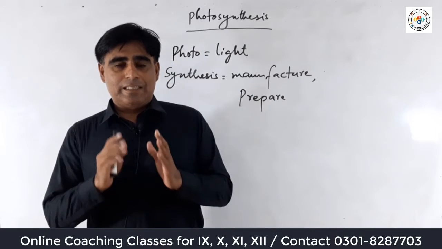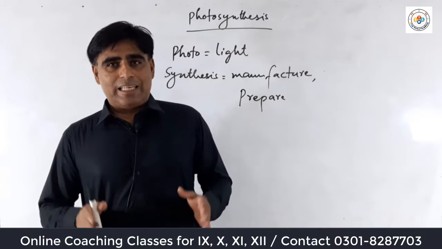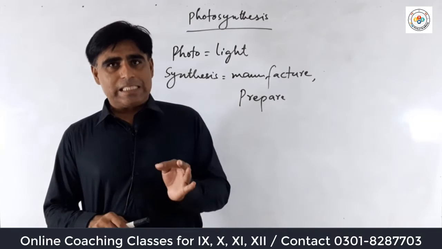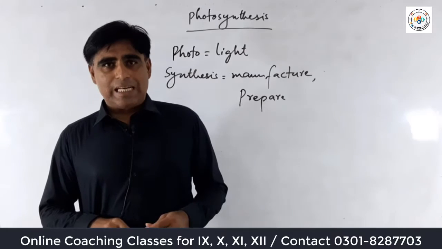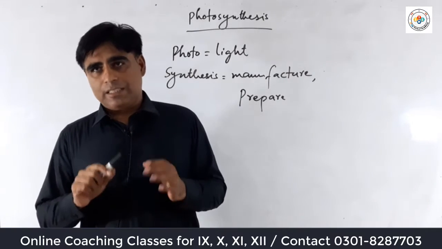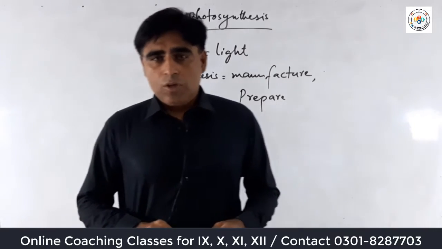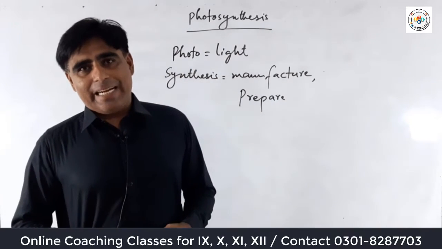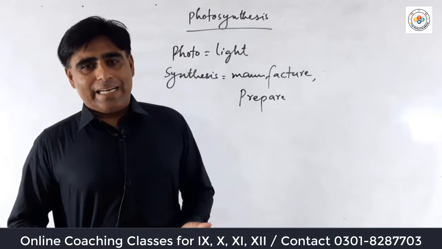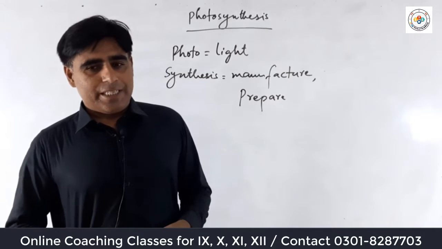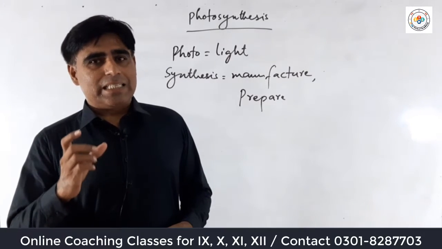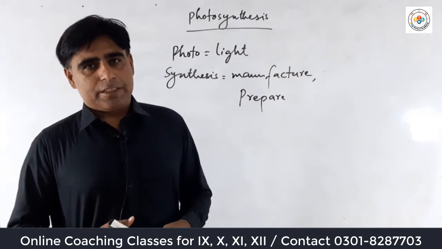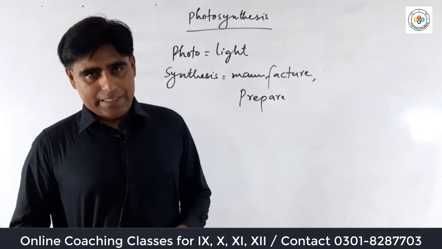So it is crystal clear that light is the basic source of energy, sunlight, which is the ultimate source of energy. When plants get sunlight, they convert that light into food energy. There are many other components as well which help to manufacture food from sunlight.